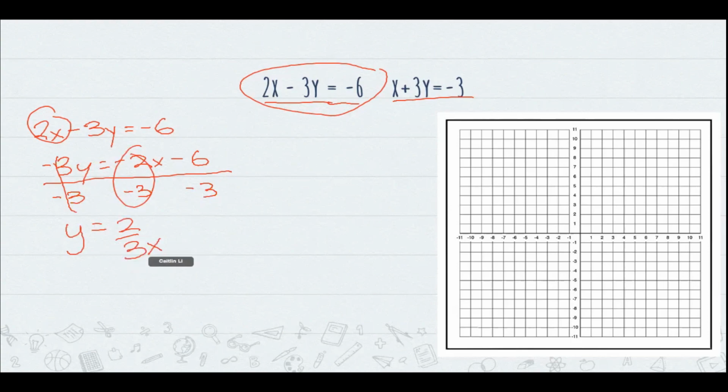And same with this, except this would be +2. So we have one of our points, which I'm just going to graph. Our y-intercept is 2, so I'm just going to graph 2 for now.